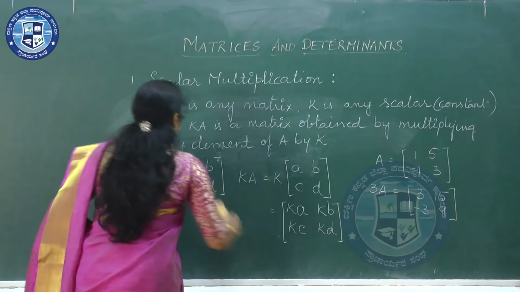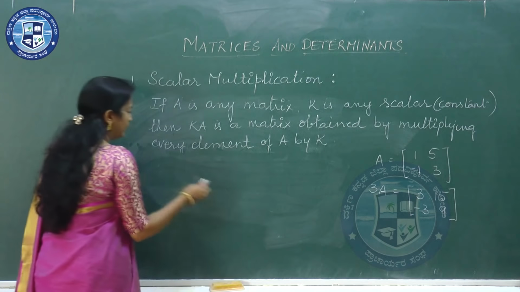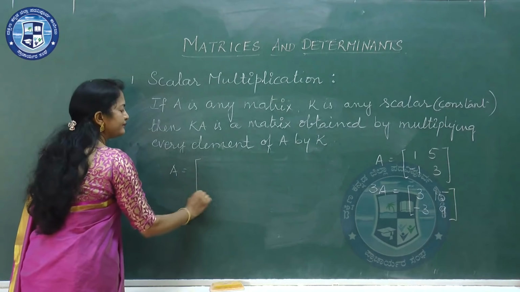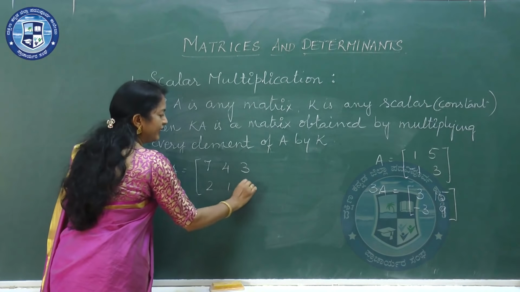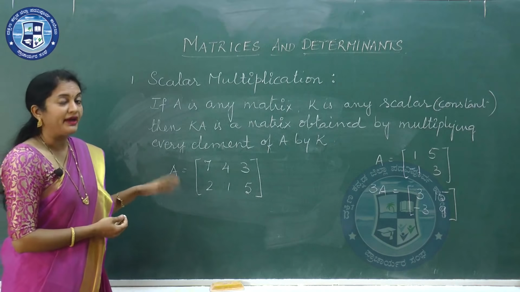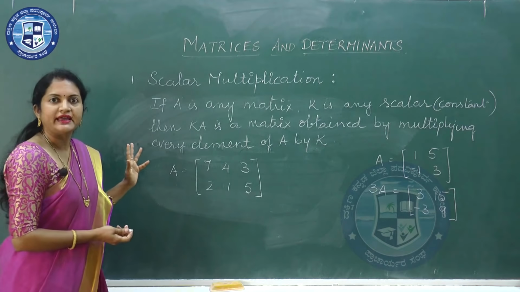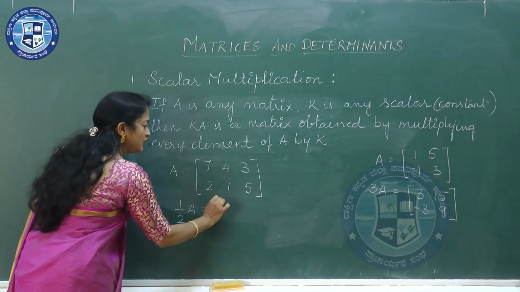Okay. Now if you take one more matrix, A is equal to 7, 4, 3, 2, 1, 5. Multiply this matrix by another scalar, let us take 1 by 2. What will you be getting?